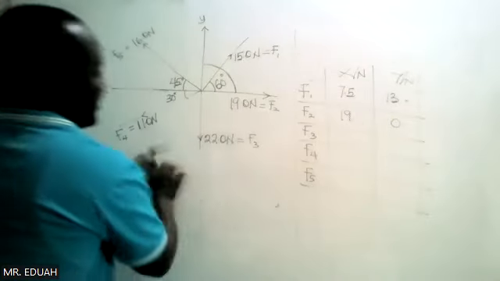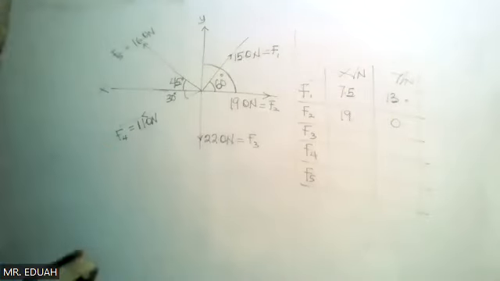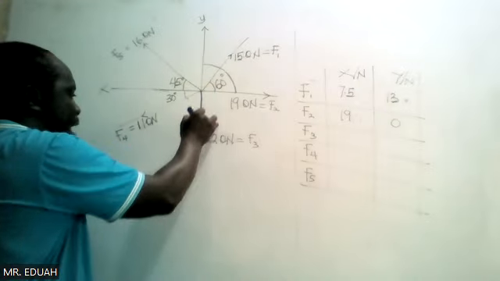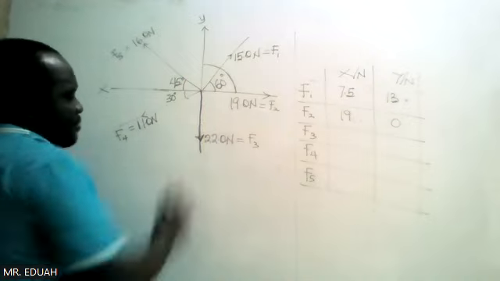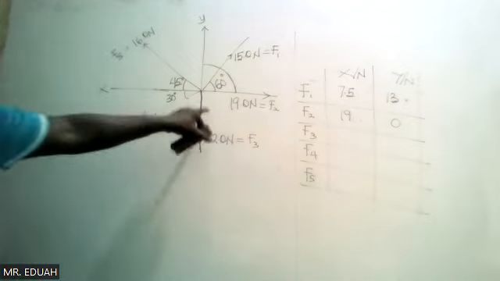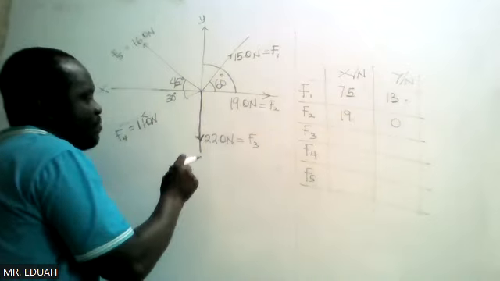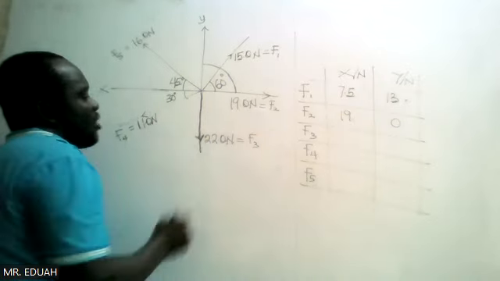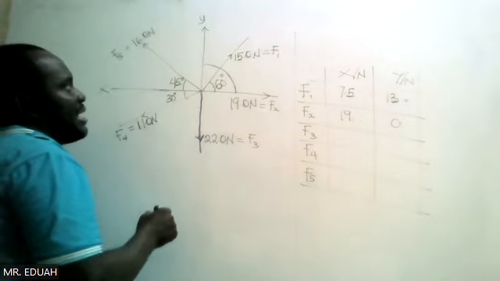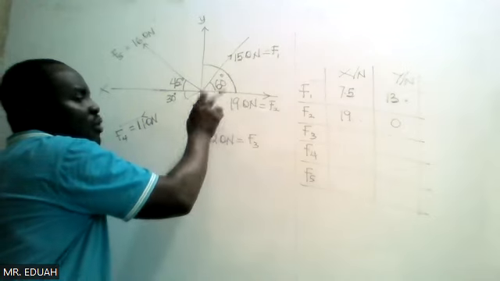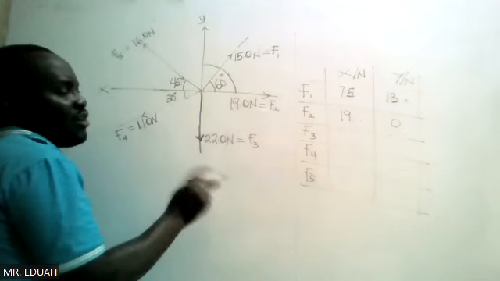Okay. F3 is along the negative y-axis. As we can see, if it's along the vertical axis, it has no component along the x.